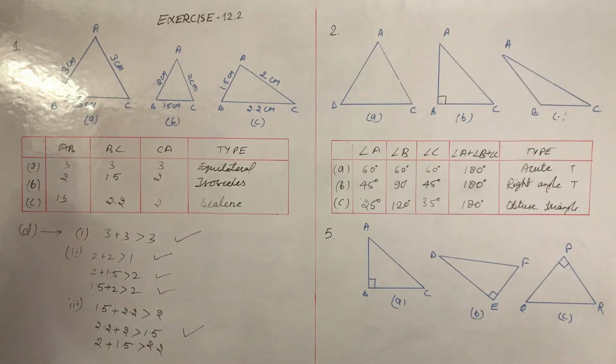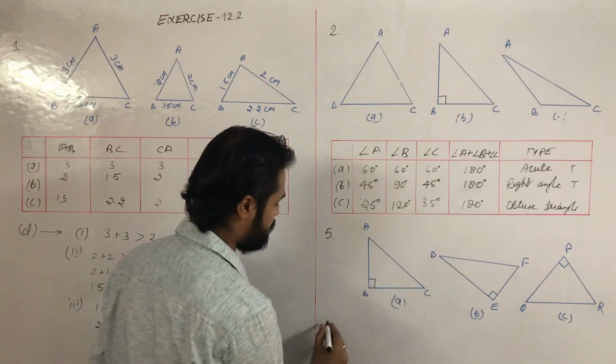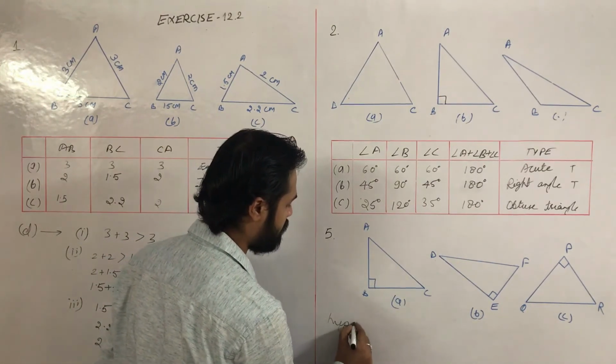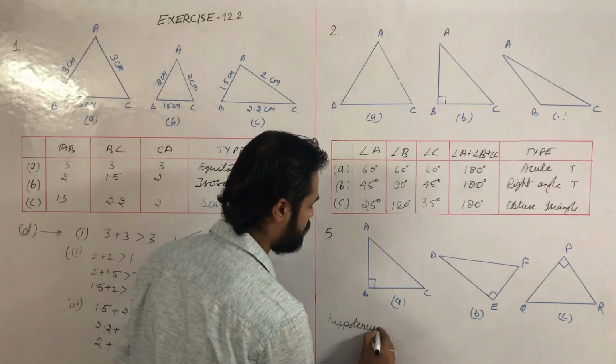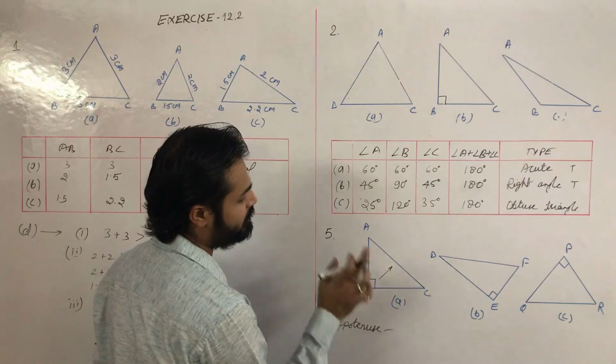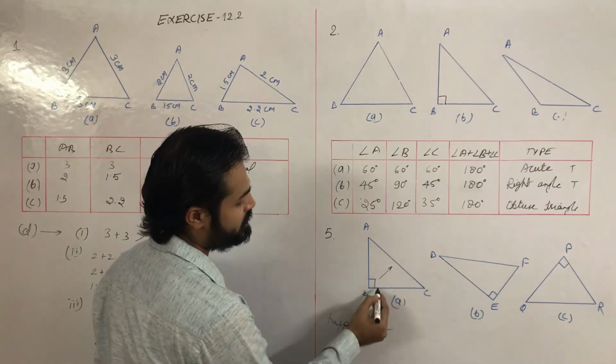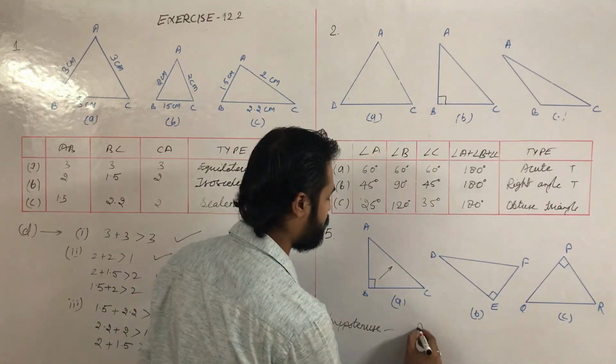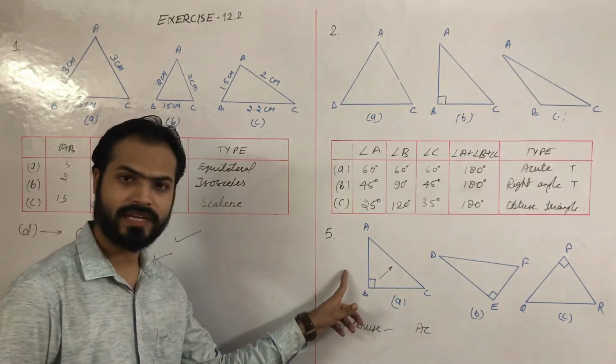Next, question number 5. Name the hypotenuse in each case. The side opposite to the right angle is called the hypotenuse. So in the fifth question, we have to find the hypotenuse. In the first case, this is the symbol of a right angle. So the side opposite to the right angle, side AC, is the hypotenuse of the first triangle.